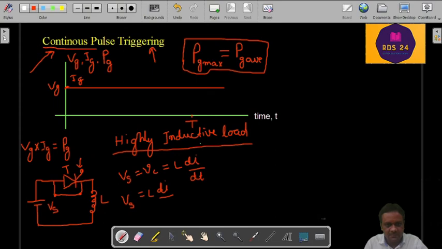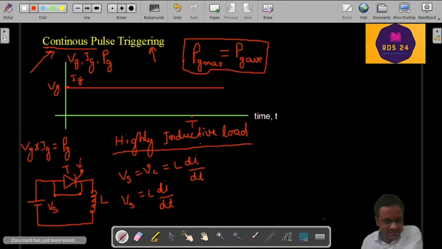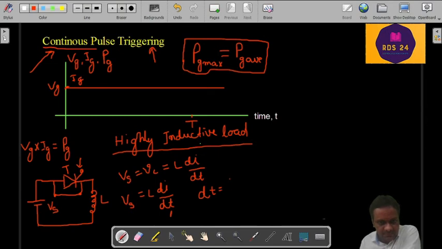This is the equation of this system. We are going to calculate how much time is required to apply this gating pulse, up till how long we are going to apply it. So this is the time. We are going to rearrange this equation. So dt is equal to L upon Vs di.